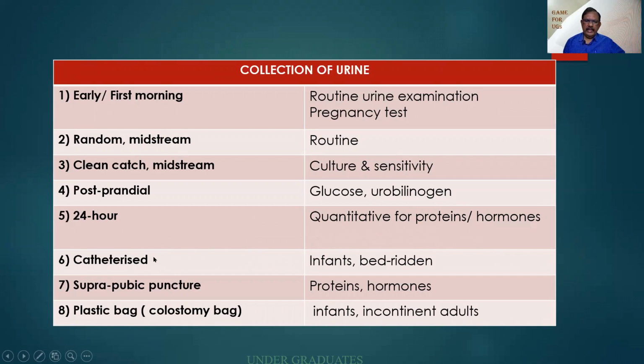Catheterized samples for infants and bedridden patients. Suprapubic puncture: if the patient has a bladder paralysis, urine will not be voided, but it will be collected from the bladder for proteins and hormones. Plastic bag or a colostomy bag for infants and incontinent adults.